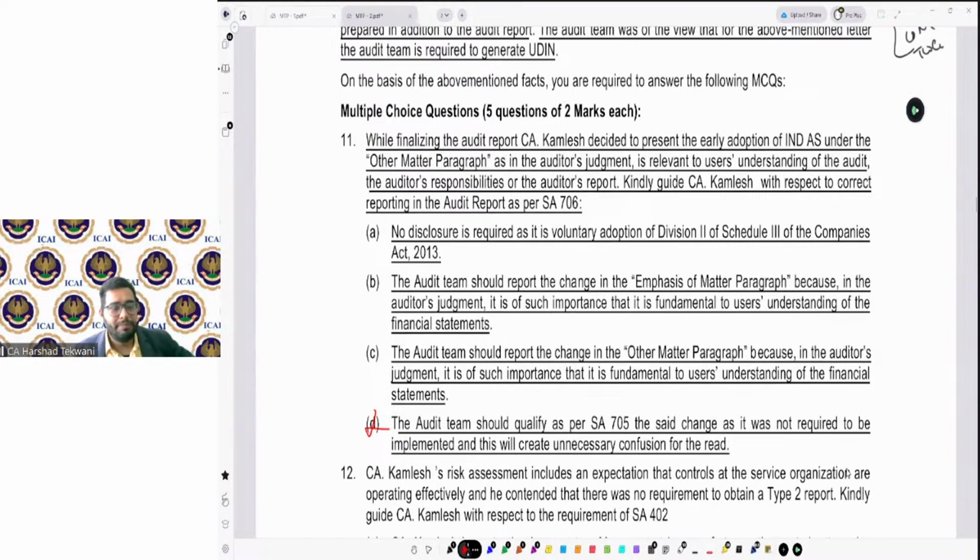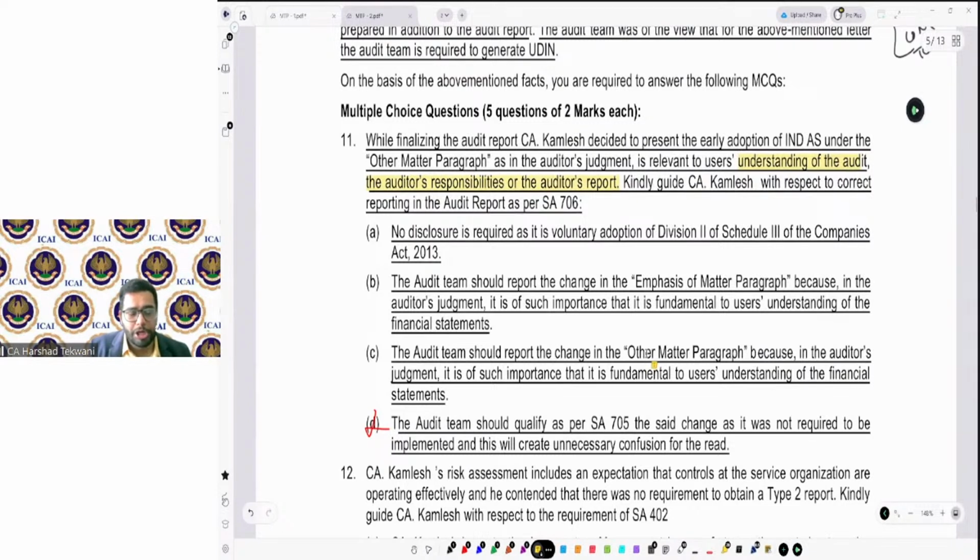When I'm talking about the EOM paragraph, I need to have a corresponding disclosure in the financial statement. And when I'm talking about the other matter paragraph, it is related to the auditor's understanding and the auditor's responsibility. If you see in the question itself, the other matter paragraph is necessary to understand the auditor's responsibility and or audit report.